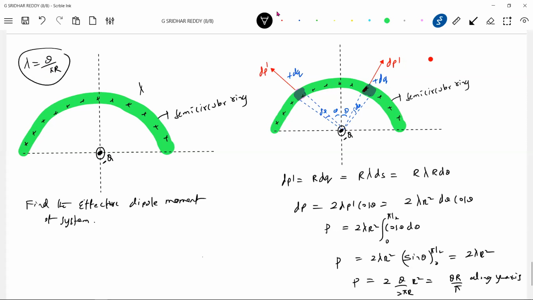Okay, wait one. There's some correction. Semicircular ring, no? Pi r will be the circumference length. So this will be the net dipole moment of the system.